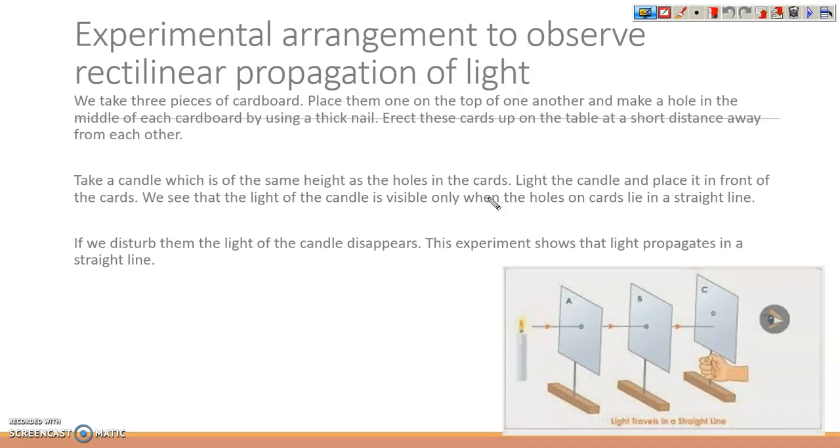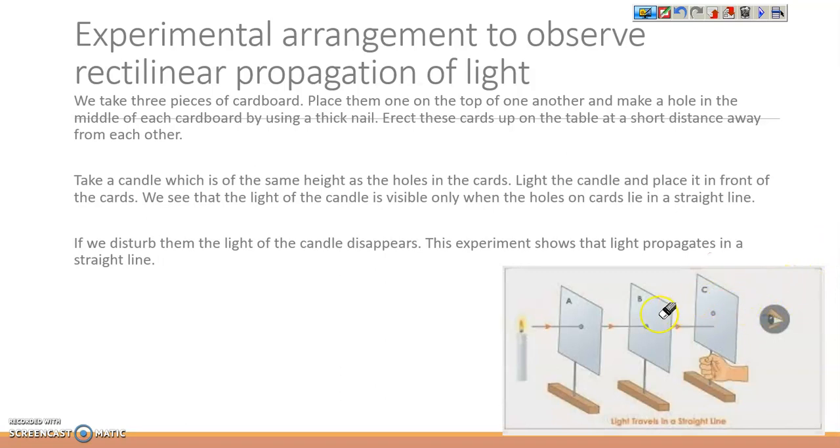Let's consider this experiment. We can take three wooden uprights A, B, and C. And then we make a small hole, at the same height from the base here, here, and here, like this one C, B, and A. And then here's the observer.